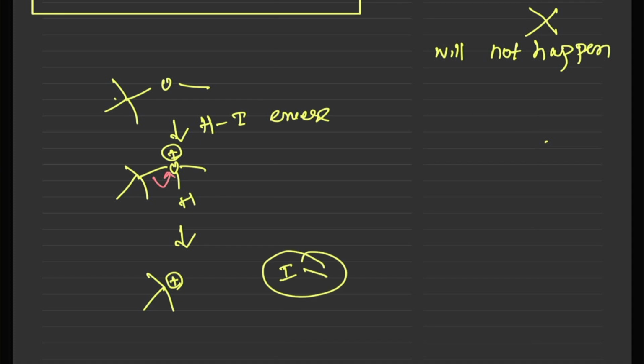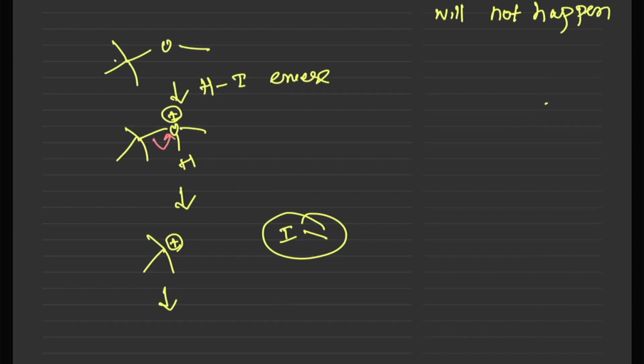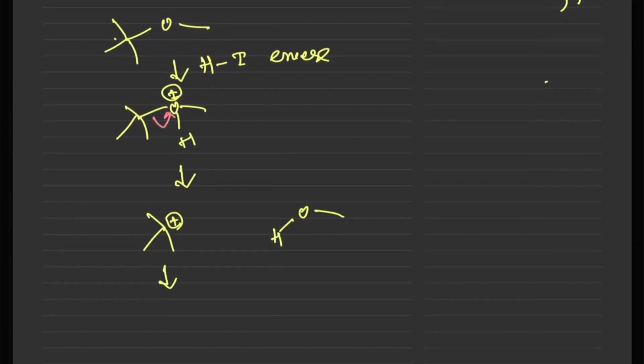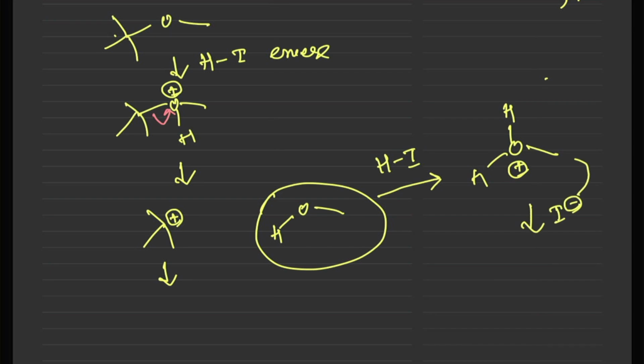On the other side you will get OH. This portion would react with excess HI to give OH, H plus, and then I minus would replace this one.